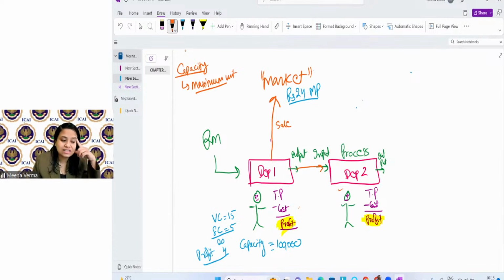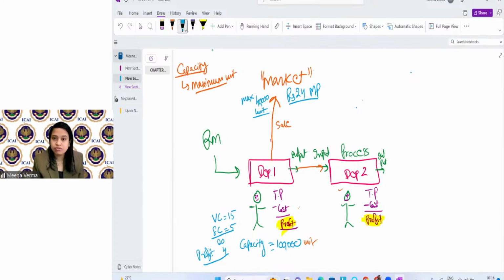So you can see here, this department can produce a maximum of how many units? 1 lakh units. Right. But what is the demand of the product in the market? For example, the demand is only 40,000 units.